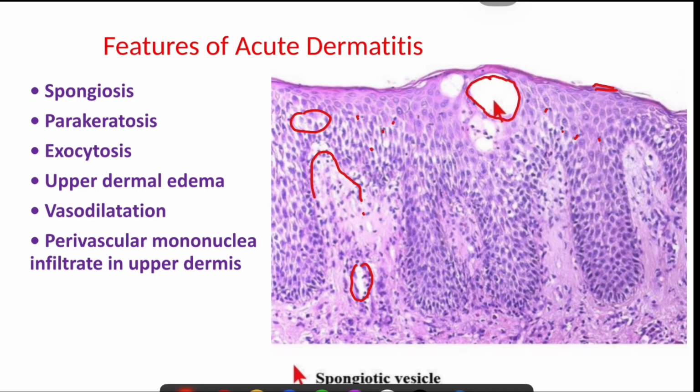Because of edema, there is a gap in the epidermal cells, the stratum spinosum cells, and a perivascular mononuclear infiltrate. So these are the lymphocytic infiltrate in the upper dermis.